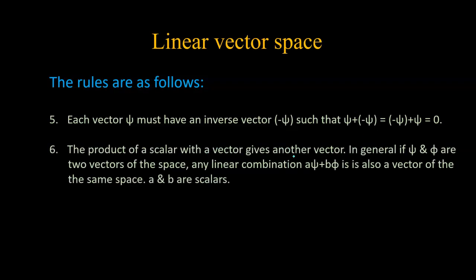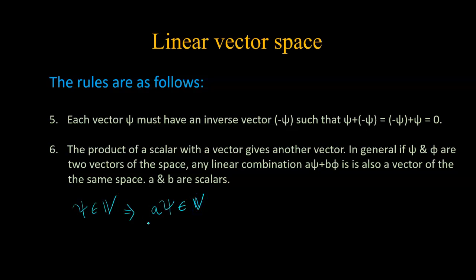The sixth one is that if there is a vector psi, and I multiply it by a scalar, usually denoted by the lowercase letters a, b, c, and psi belongs to a certain vector space V, then a times psi must also belong to that same vector space.